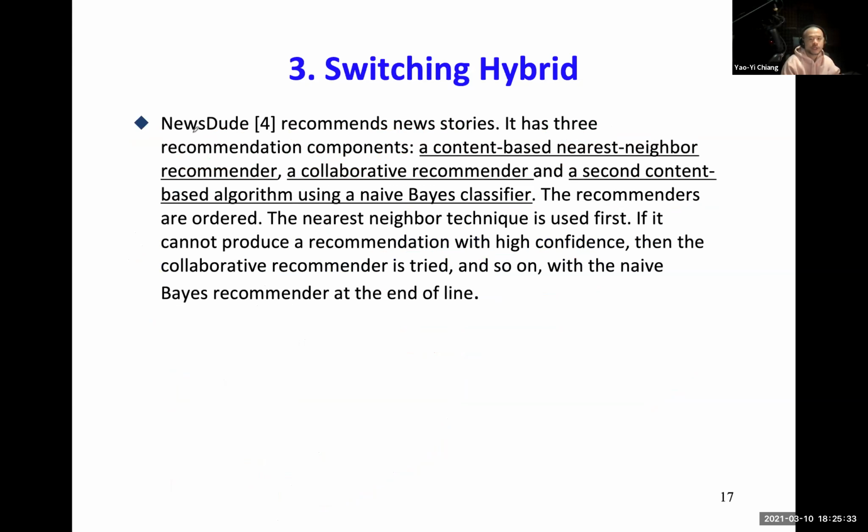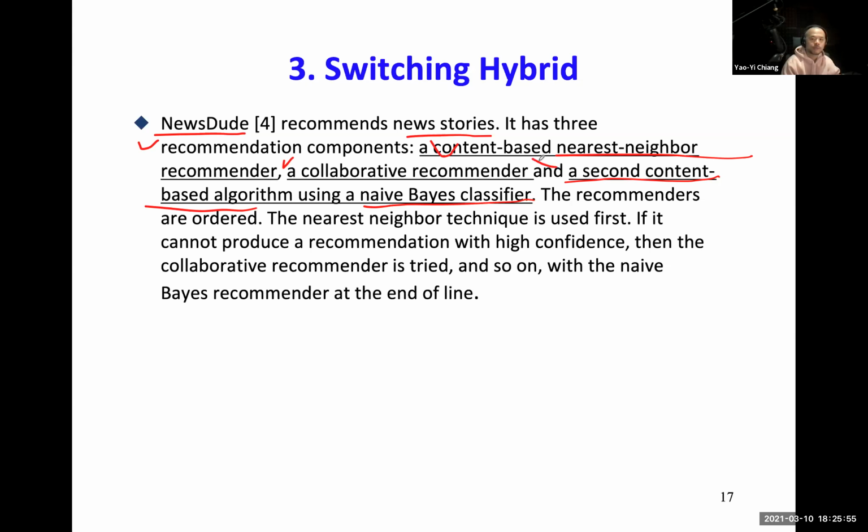So one example here, Newsdude recommends news articles. It has three recommendation components: content-based using nearest neighbor, collaborative recommendation, and a second content-based algorithm using a naive Bayes classifier. Remember, we talked about decision trees.